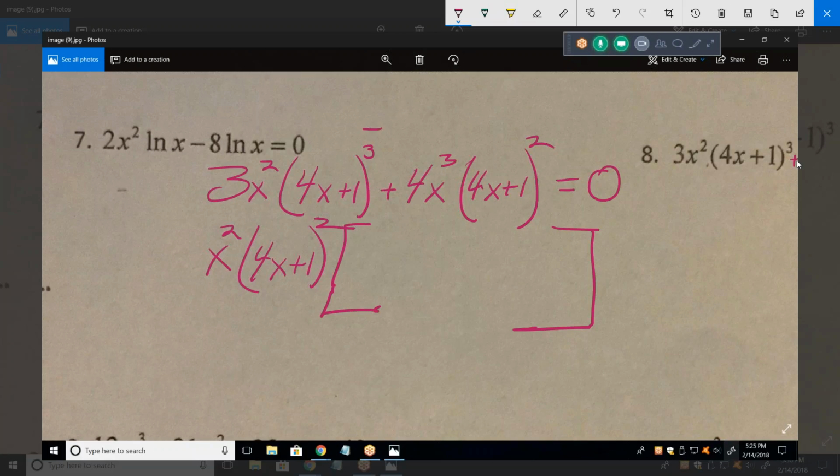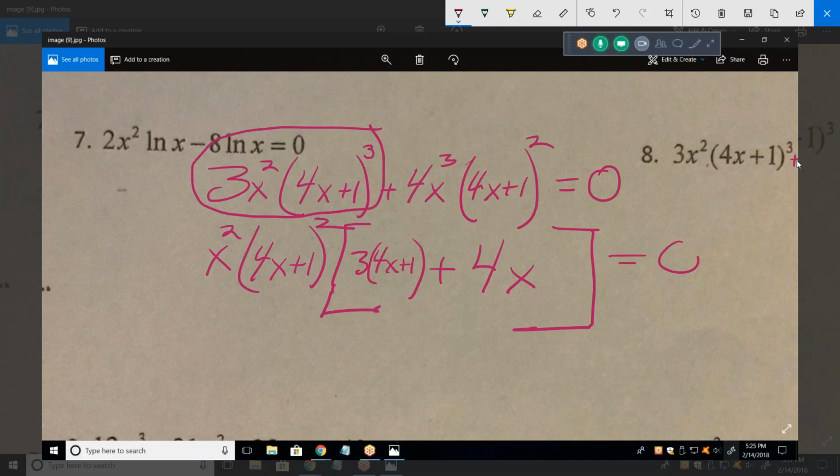Well, how about this part here? X times 4x plus 1. I think it's 3 times 4x plus 1. Let's just write it like that for the moment. And then over here, what do we have? 4x. That's it.